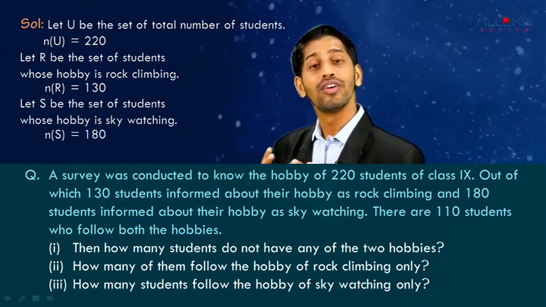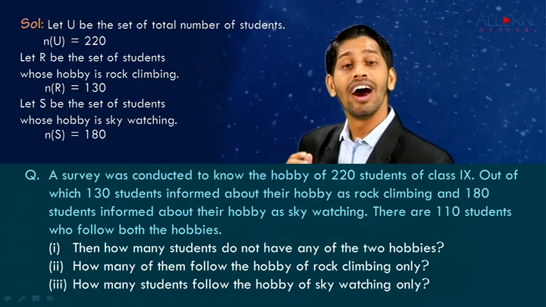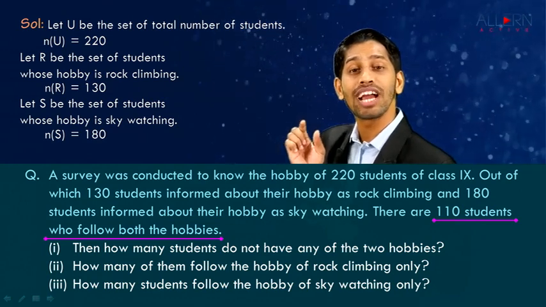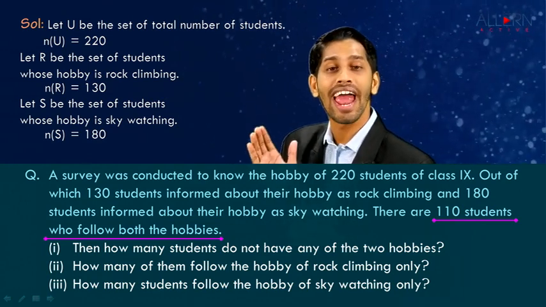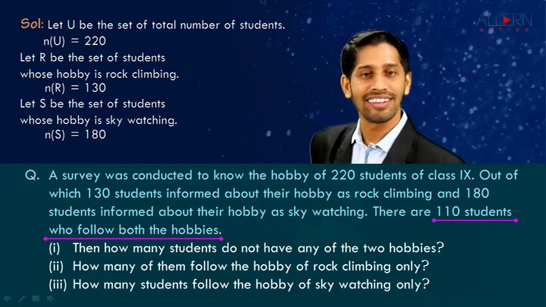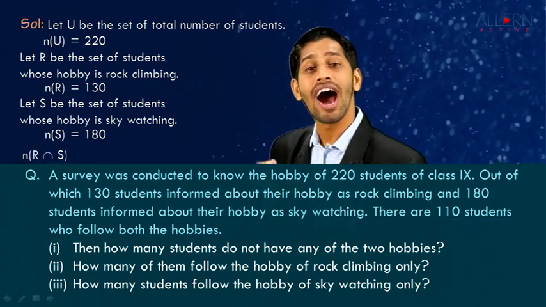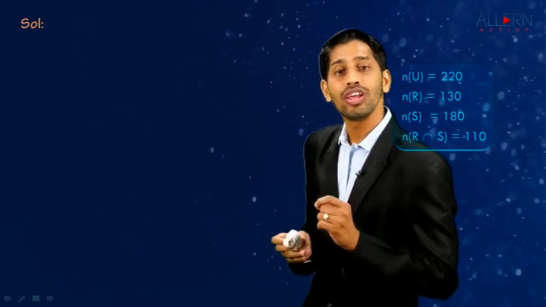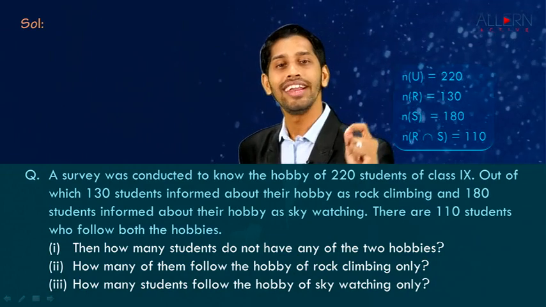Right, now further it says that there are 110 students who follow both the hobbies. Now whenever we come across a word like both, and, it is nothing but intersection. That means n of R intersection S is given as 110.